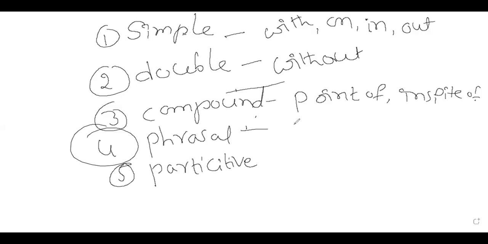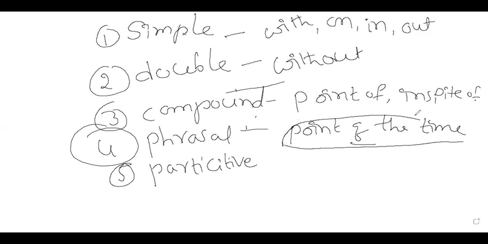For example, point of the time. So here this of is a preposition. It's not only one word exhibiting the function; the entire phrase functions as a preposition. So if the group of words functions like a preposition, it is called a prepositional phrase or phrasal preposition.